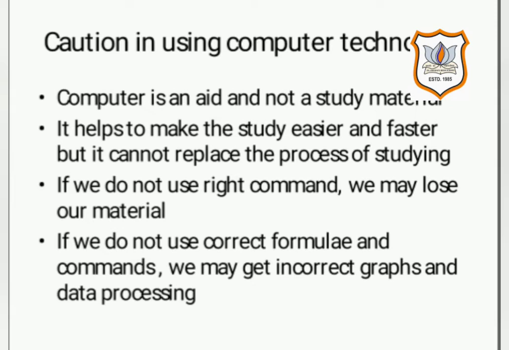It helps us to make our study easier and also faster, but it cannot replace the process of study. If we do not use the right command, then we may lose our material. Also, if we do not use correct formulas and commands, we may get incorrect graphs and data processing.